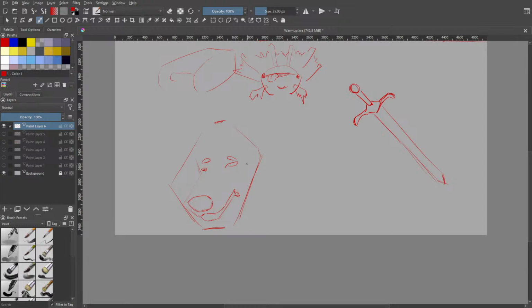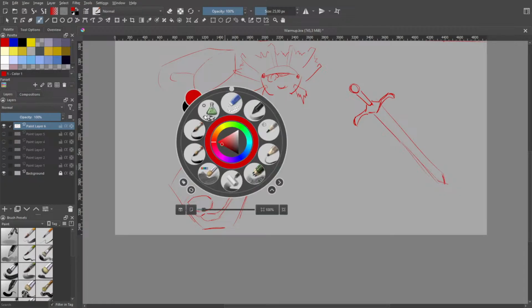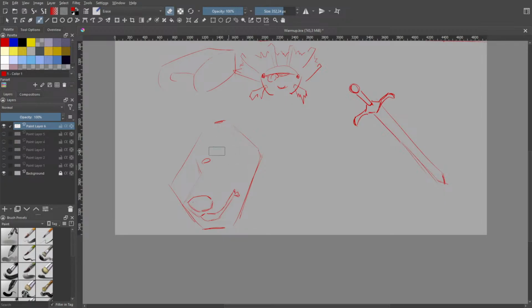Ouch. My ear is hurting quite a bit. Okay. How to approach this? How about I try this?